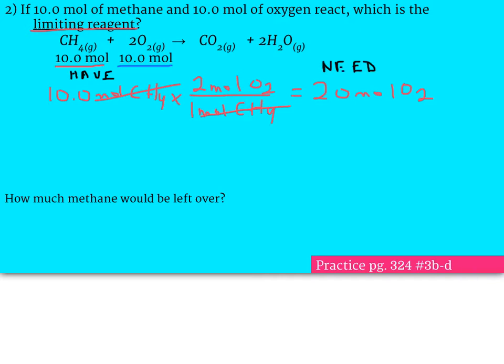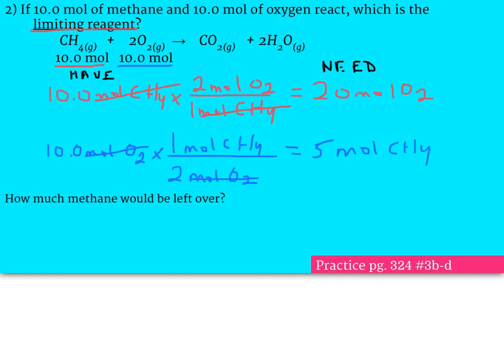Now I have to do it with the other side as well. I have to start with oxygen and see how much methane I would need. So now I'm going to start. I have 10 moles of oxygen, and I'm going to use my molar ratio. I know that I am going to need 2 moles of oxygen for every 1 mole of methane, and my moles of oxygen will cancel out. 10 divided by 2 means I'm going to need 5 moles of methane.